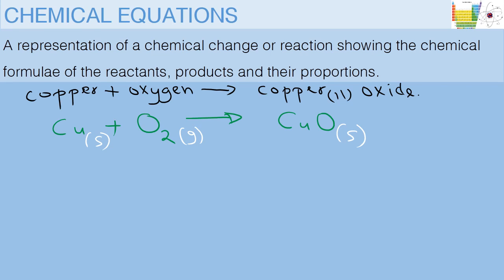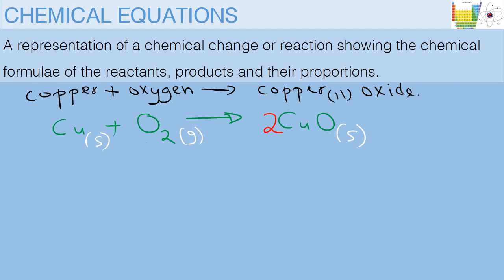The number of copper atoms on the reactant side is 1, since Cu represents 1. On the product side, it is also 1. However, oxygen on the reactant side are 2 atoms, while on the product side is only 1. We will achieve balancing oxygen by adding a 2 before copper 2 oxide.